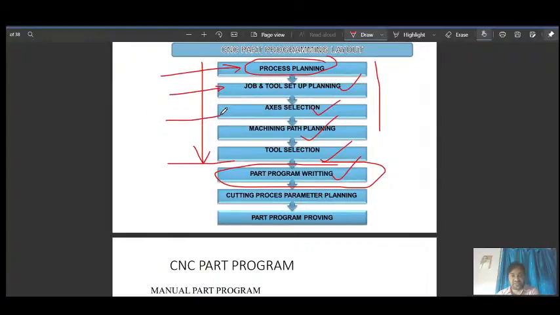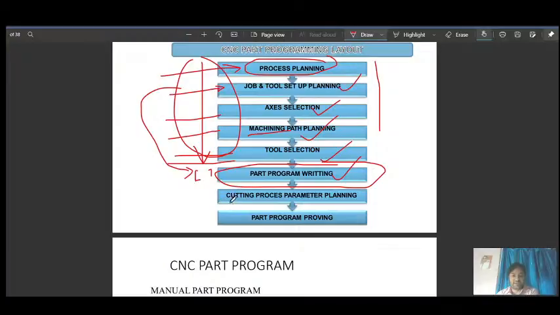Then which axis we are selecting. Then machine path. Machine path means tool path, in which direction a tool will move. Then tool selection. After that, having all the information, we will use this information to write our program, and we will write the part program in the simple form of alphabets and numbers.